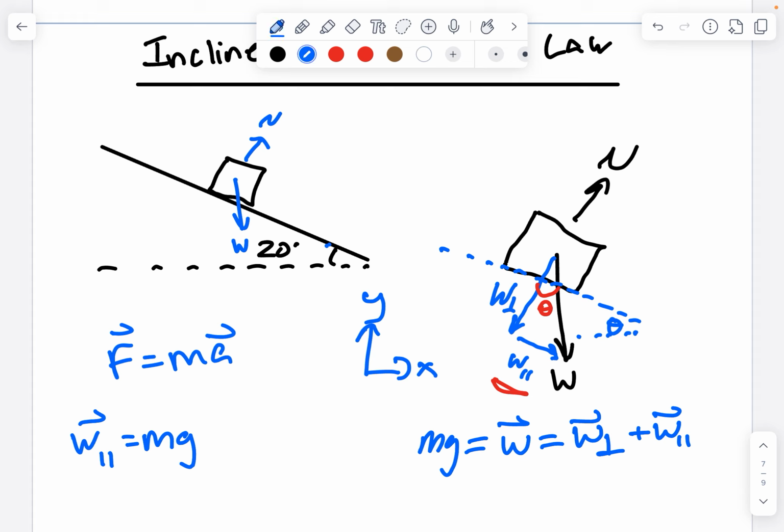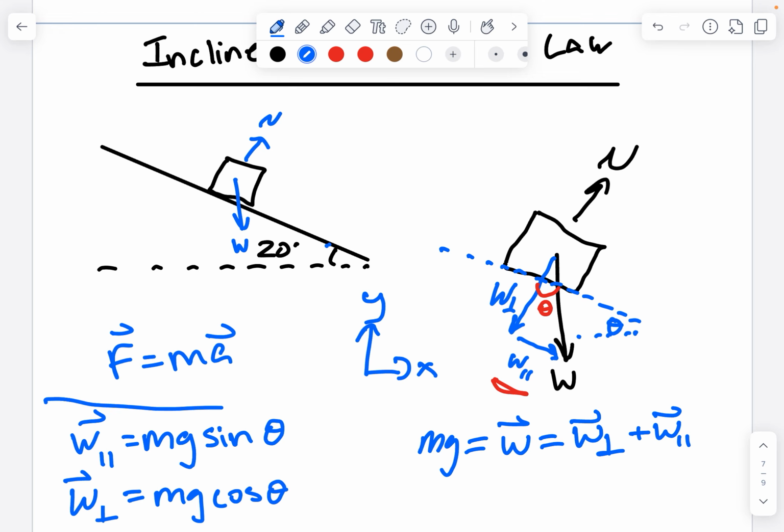So we have W parallel is mg sine theta. And similarly, we can say that W perpendicular is mg and it is adjacent to the angle, so this would be mg cosine theta.